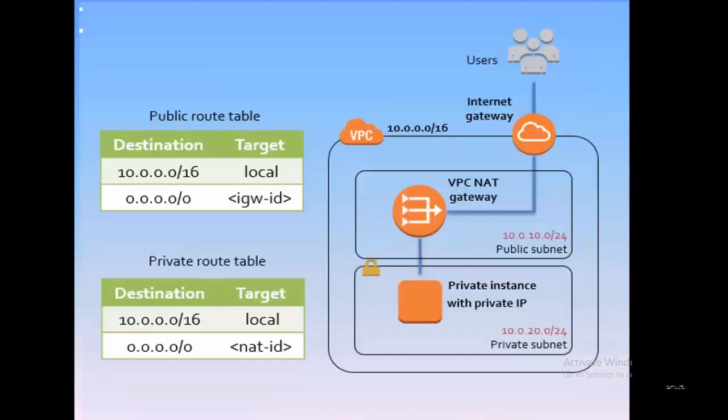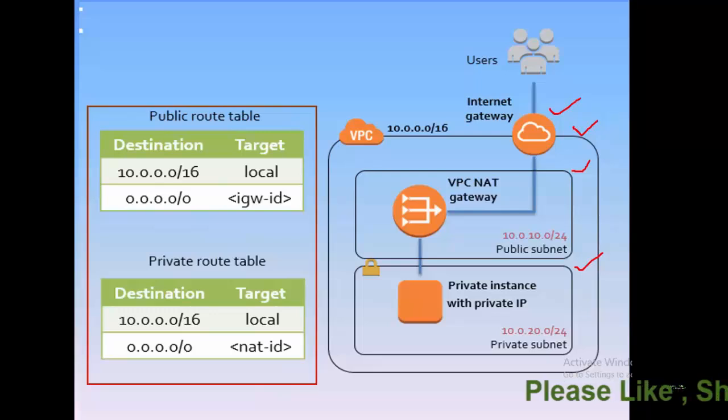So we will use this kind of topology. First we create one VPC, then we create subnets, and also the internet gateway. Then we will create two custom routing tables and update them accordingly.